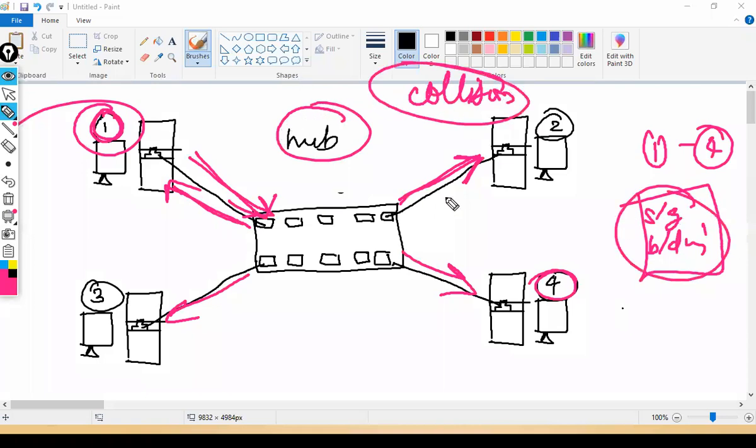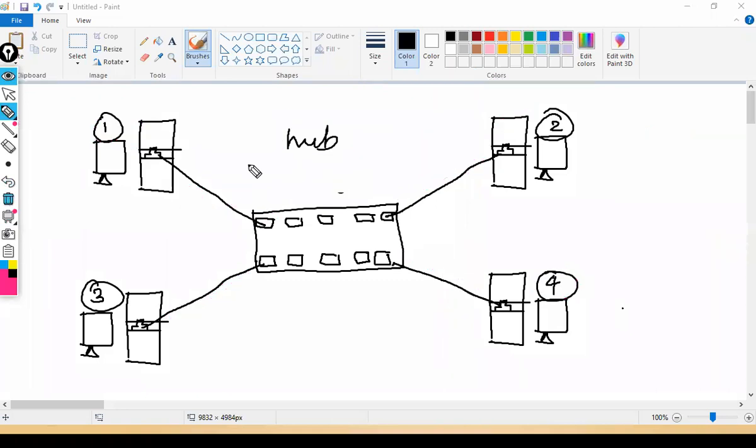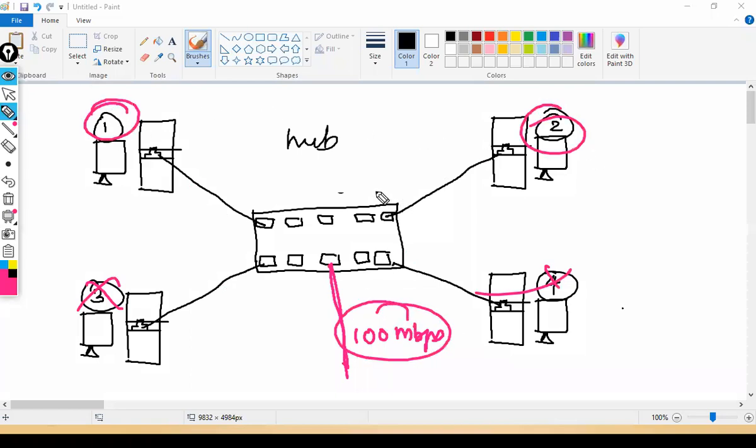Now, another disadvantage. Suppose you have a 100 Mbps connection coming in here. If you have only two machines, this 100 Mbps bandwidth will get divided into two.